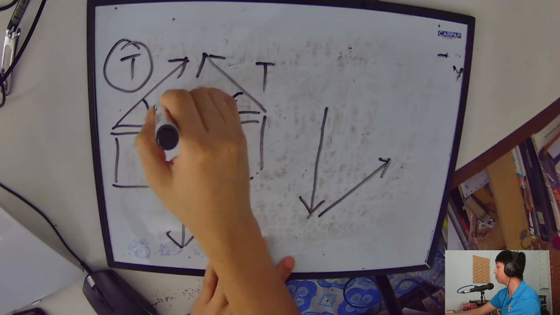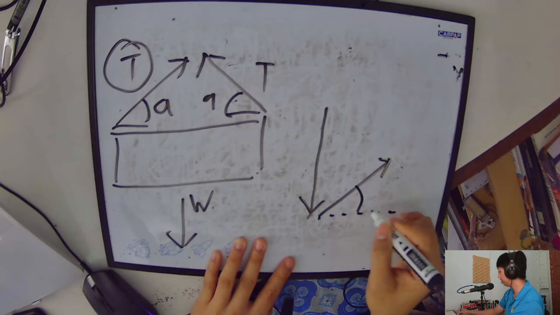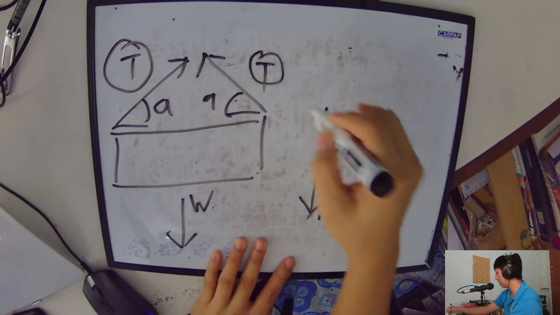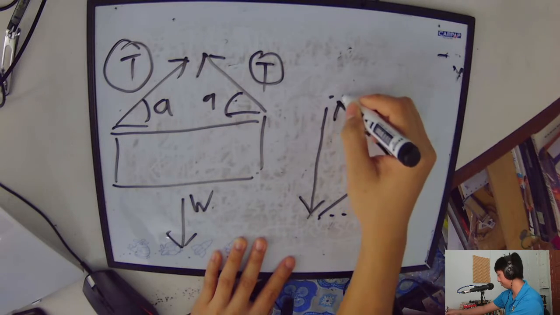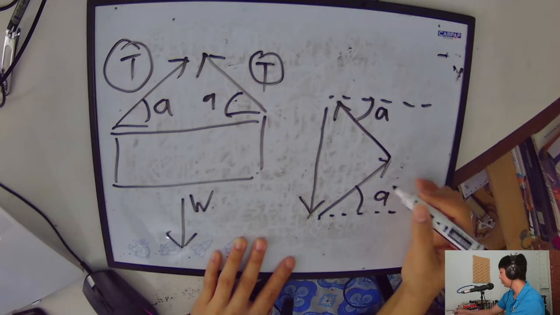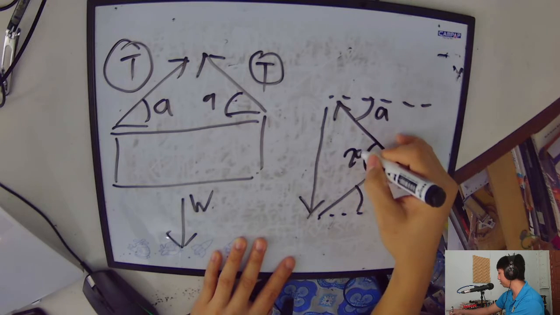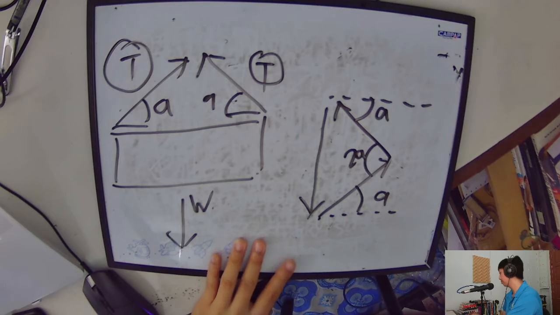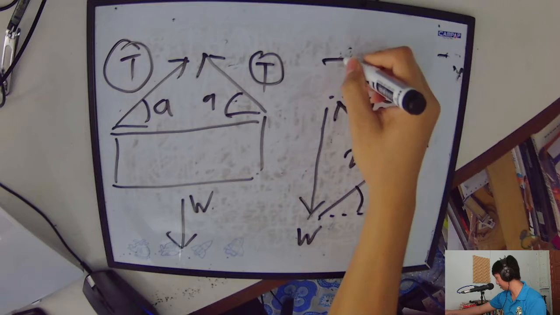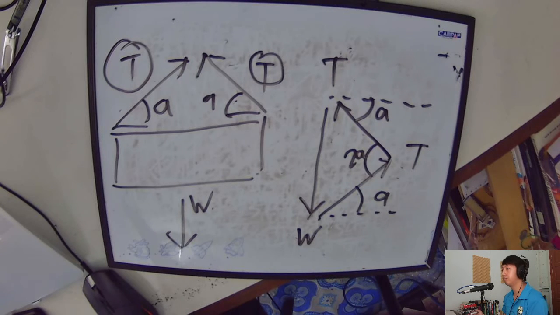Our angle, remember, is A. So this is our angle here, A. Now let's take this other side and put it here. Continue. Here we also have an angle of A, and here the angle would be 2A. So W, T, and T. Alright, and the next one is also similar.